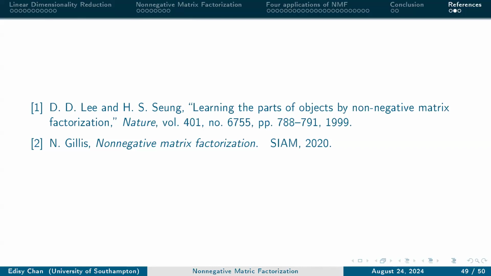Yeah, but each application has some further investigations in the book. There are many different papers or references given by this book, for different kinds of applications, not only these four. Yeah, these four are the more important and more popular applications of NMF.